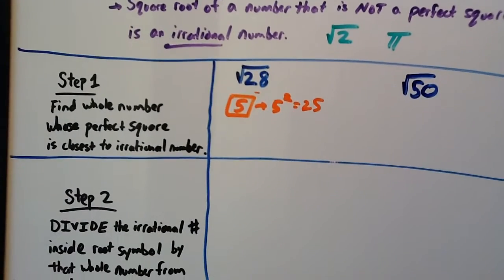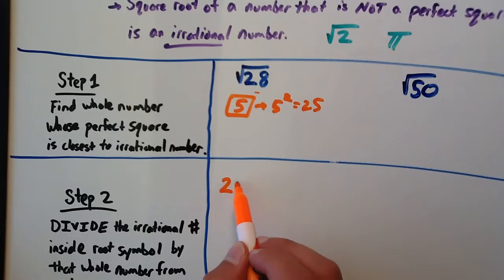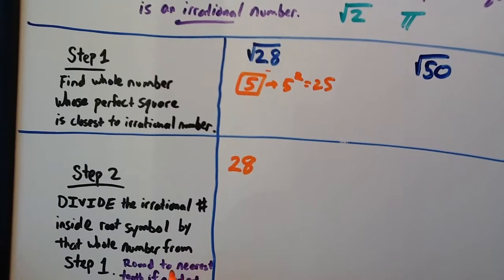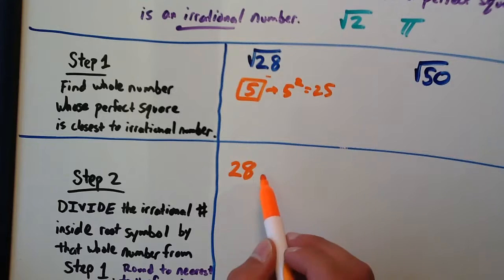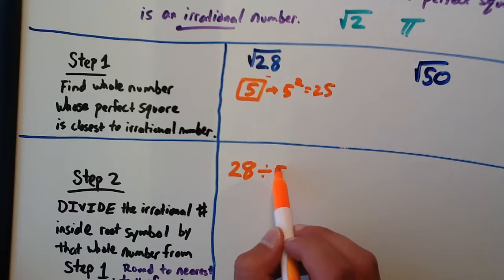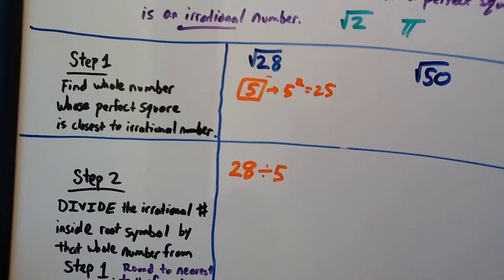Step 2, we're going to divide the number inside the square root. We're going to divide 28 by that whole number from step 1. So the whole number we said was 5. So 28 divided by 5. And we're doing all of this without a calculator. So here we need to divide 28 divided by 5.